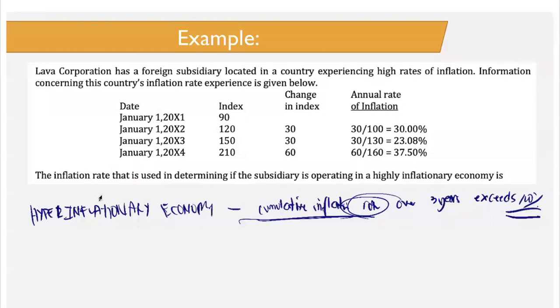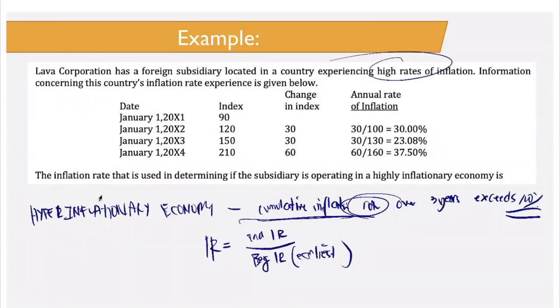So, sir, how do we compute for that particular inflation rate? To compute for our inflation rate, that is equal to our ending inflation rate less beginning inflation rate, divided by the beginning, the earliest period. So how do we compute? Let's make use of this example. Lava has a foreign subsidiary located in a country experiencing high rates of inflation.